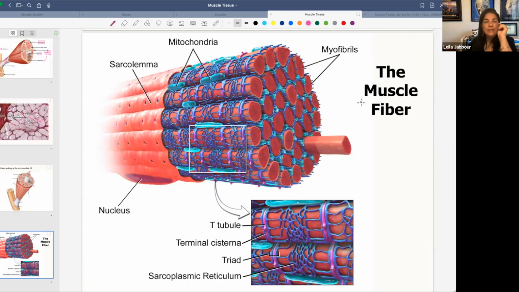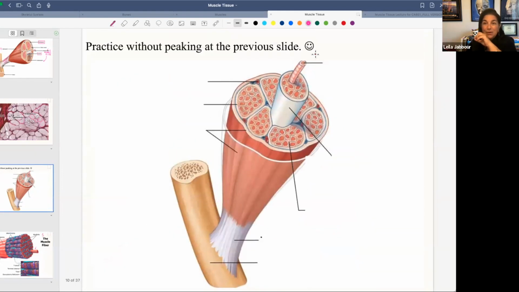All right, so let's talk about this. This is one muscle fiber right here. You're looking at one muscle fiber. All of this is just one muscle fiber. These individual tubes here, I'm going to call them, this is not the same as what you see here.